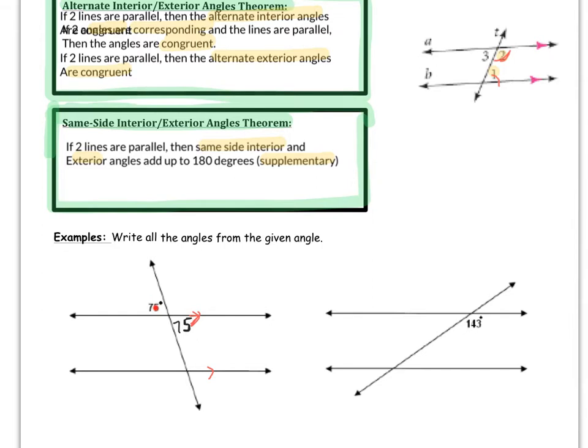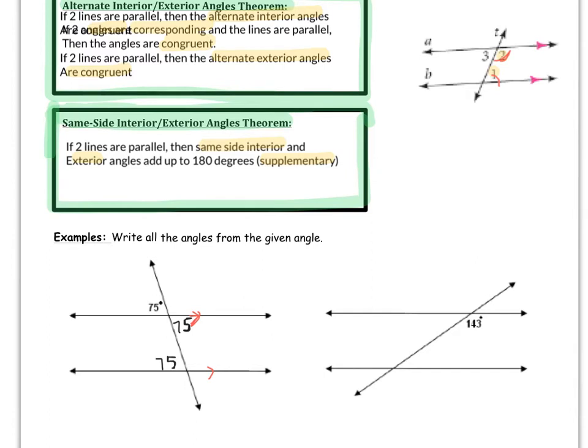So if that's 75 degrees, down here has to be 75 degrees. But I also can say this is 75 degrees because how is this angle here related to this angle there? Well, they're alternate interior angles. What do I know about alternate interior angles? They're congruent. So I know it's 75 degrees.